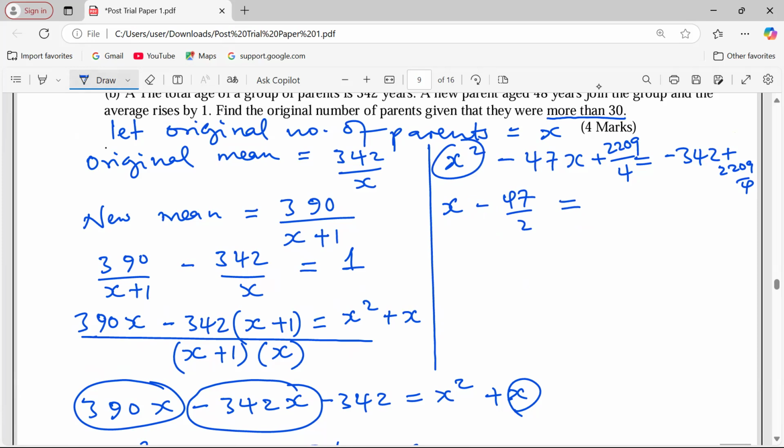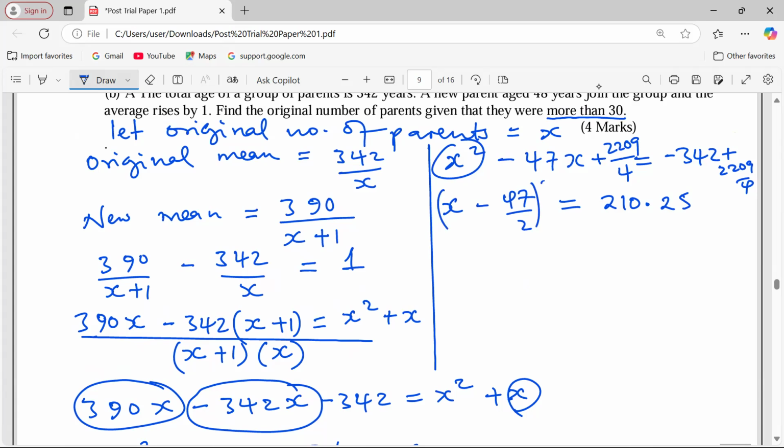This is equal to, when I take negative 342 and I add 2209 over 4, I will get 210.25.